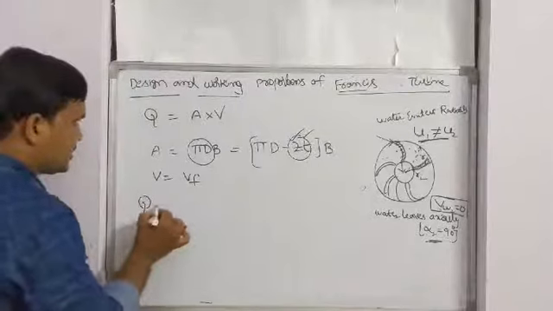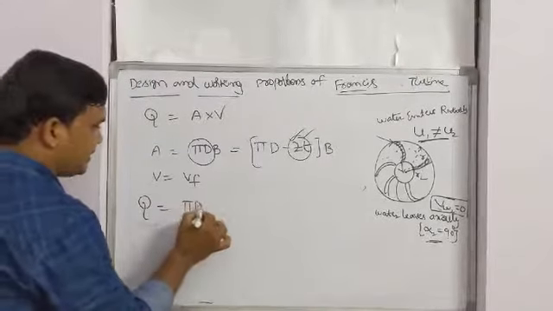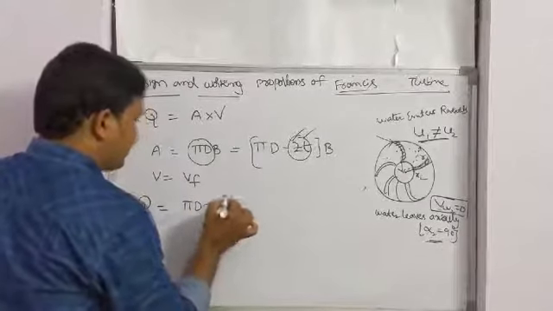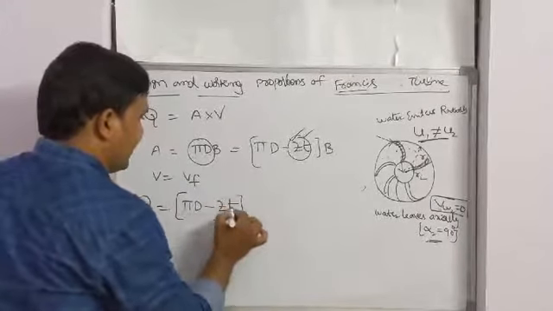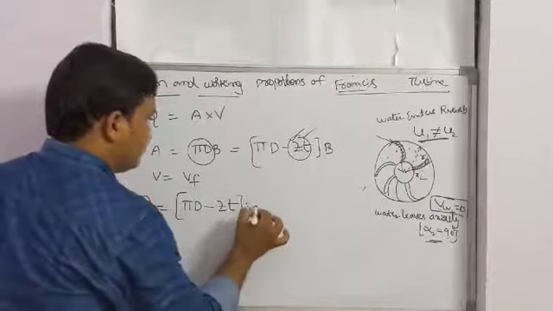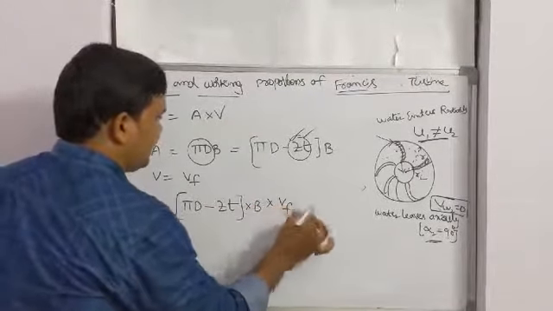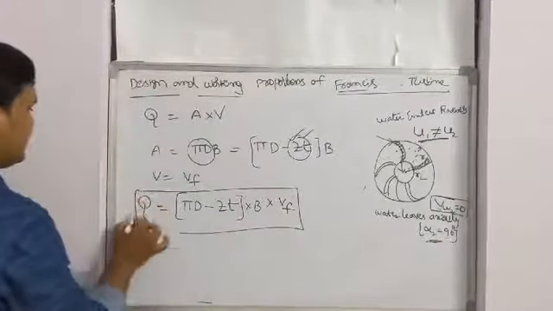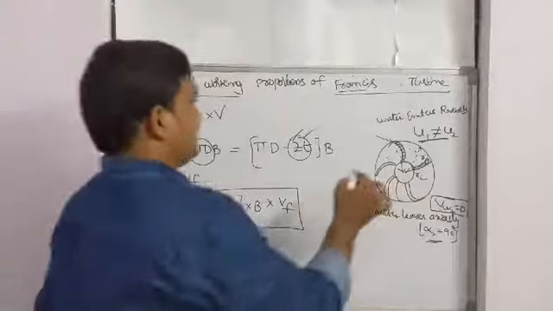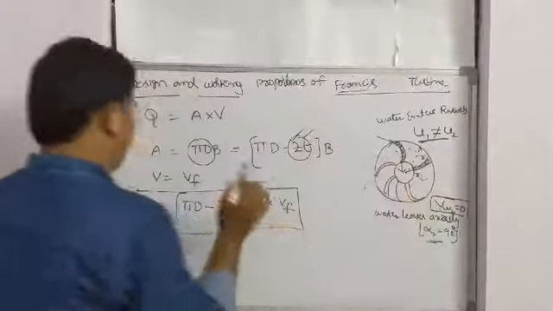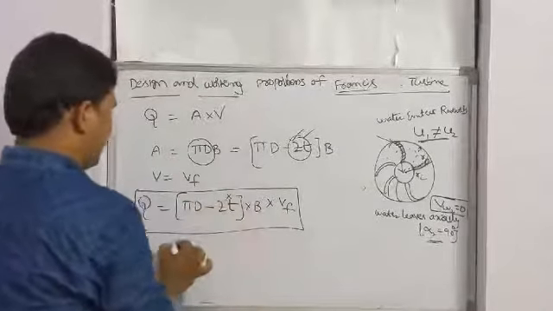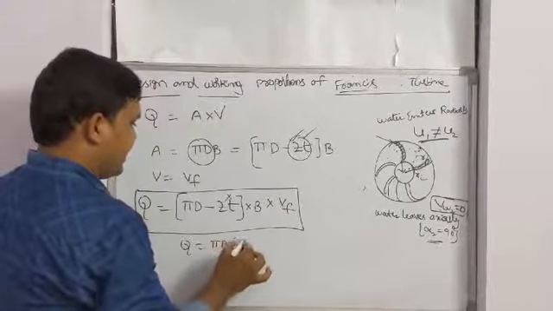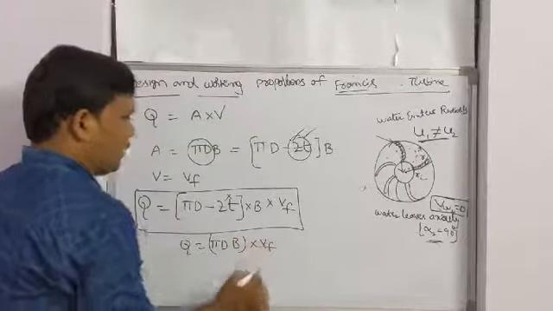Therefore discharge Q is equal to area, pi D circumference minus the number of blades of the Francis turbine into that much thickness, that is the pi D term, into B, and V is the flow velocity Vf. This is the discharge equation of a Francis turbine. If the thickness of the blades is very small, we neglect the thickness, and then the discharge equation will be pi D B into flow velocity.